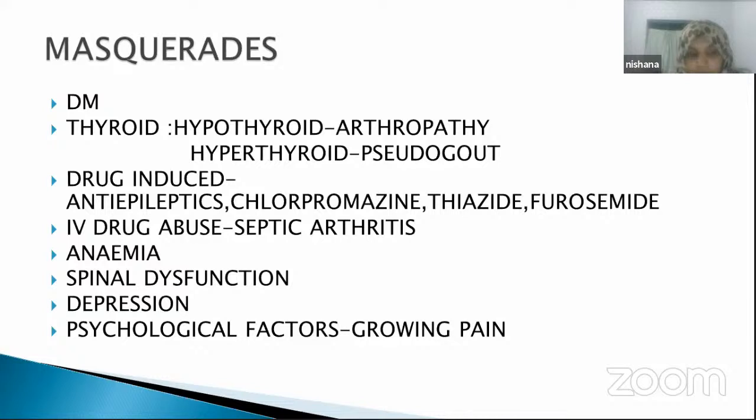In this case, all investigations will be normal, so we have to reassure the parents. And we have to differentiate it from juvenile idiopathic arthritis, as juvenile idiopathic arthritis can produce serious effects.